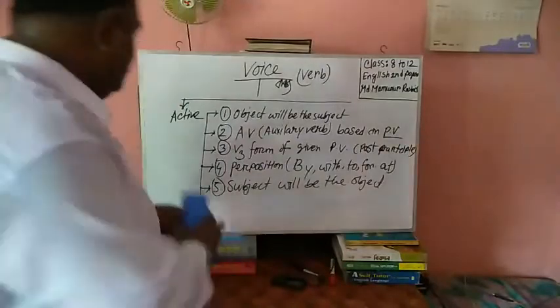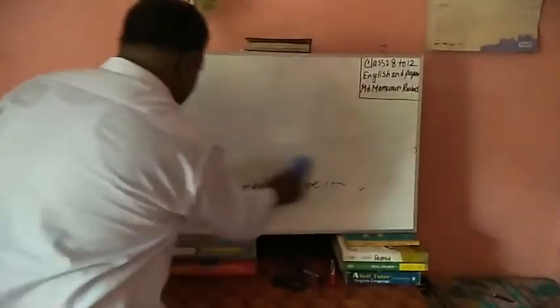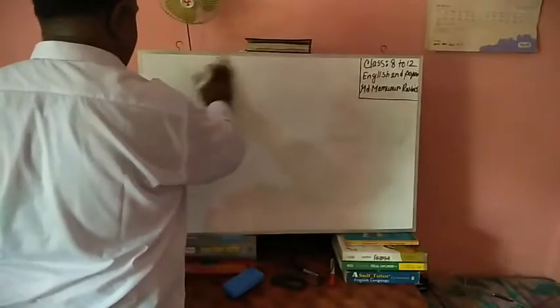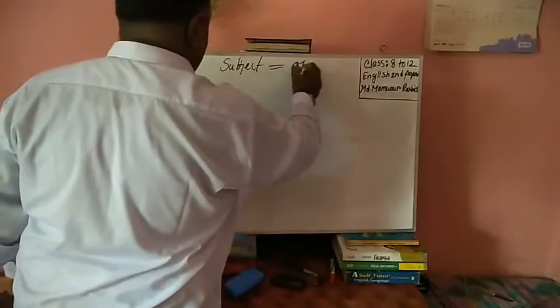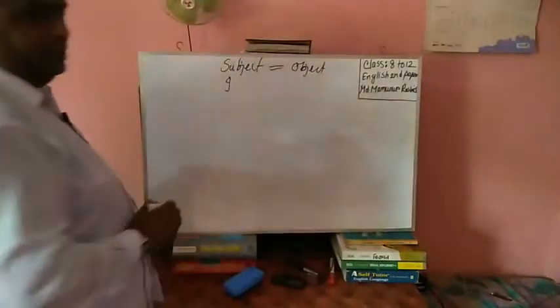Okay, so let's see our first sentence. Subject. Suppose in a statement you see I, then it will be me. If you see you, it will be you. If you see she, it will be her. If you see he, it will be him.